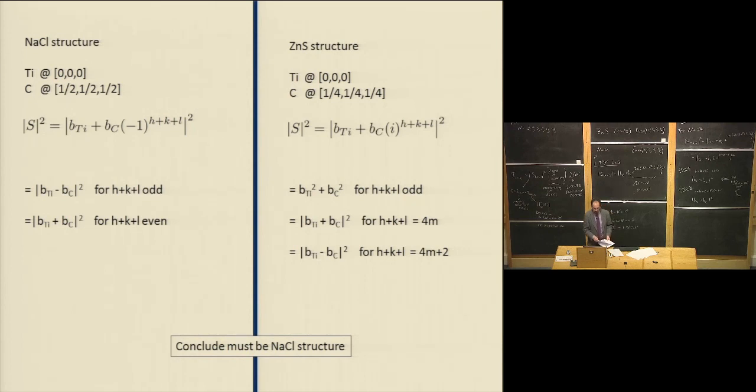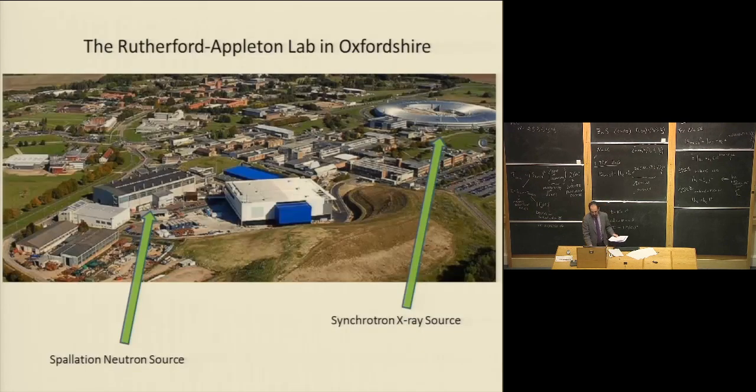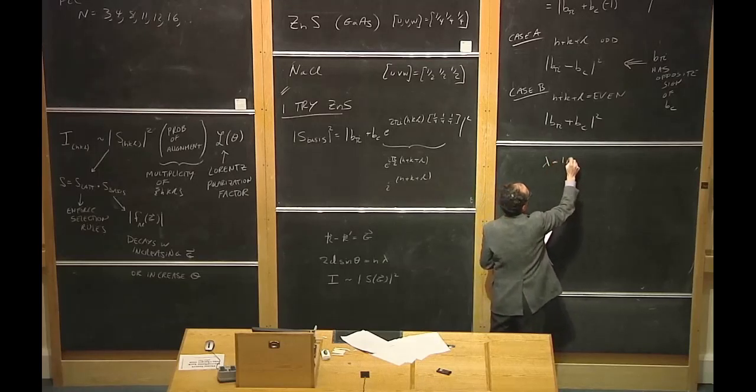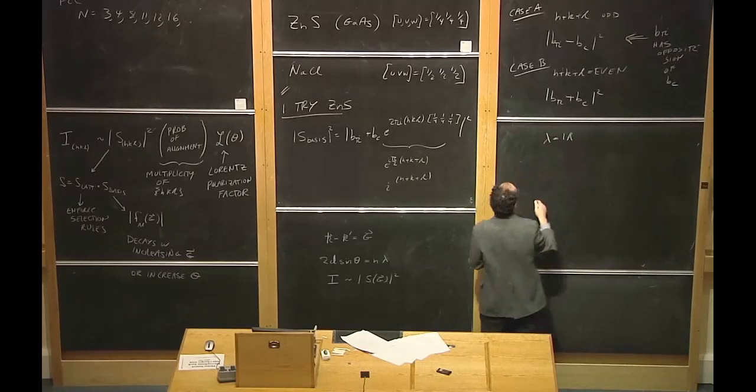Let's discuss how you make neutrons for a second. We discussed how you make X-rays in the last lecture, I think, but we haven't discussed how you make neutrons. This is a neutron facility, a spallation neutron source, also right down the road next to the synchrotron source, a rather large and expensive apparatus. But what we need is neutrons with a wavelength on the order of 1 angstrom. How do we get that?